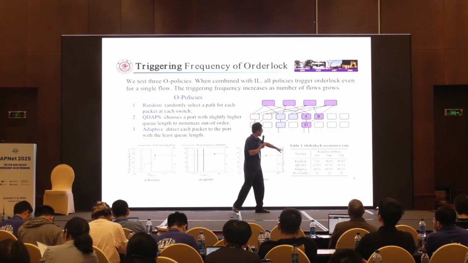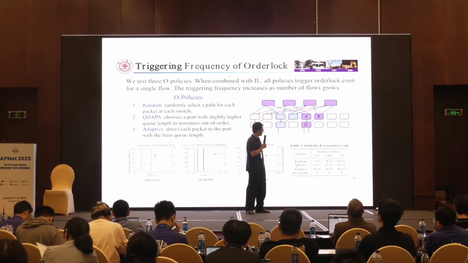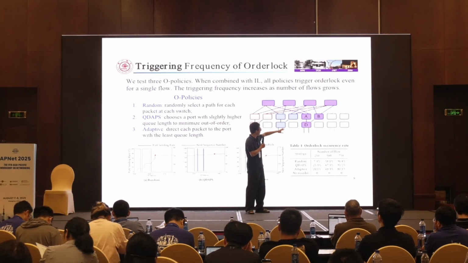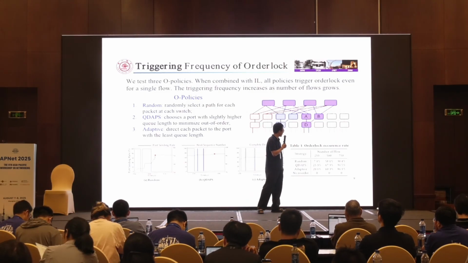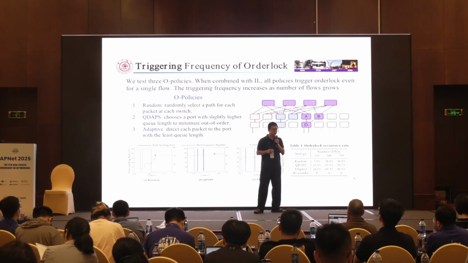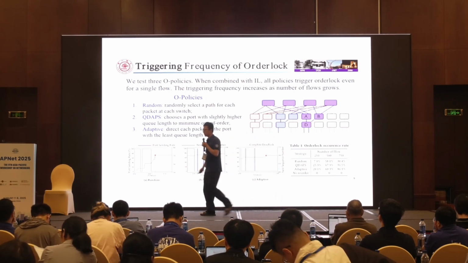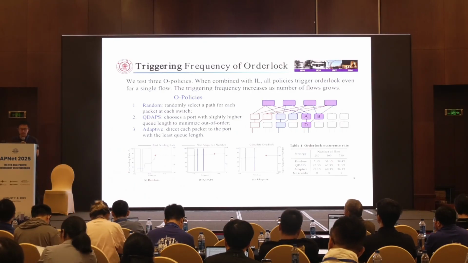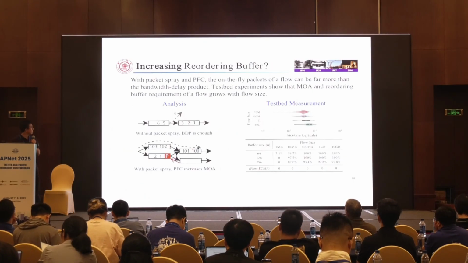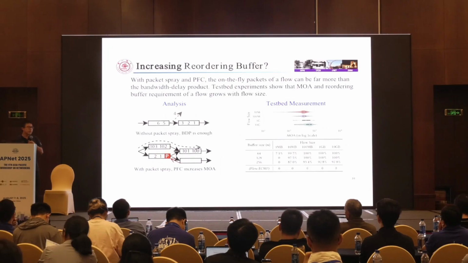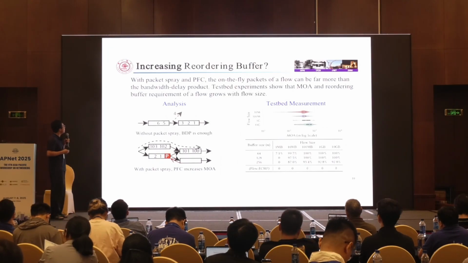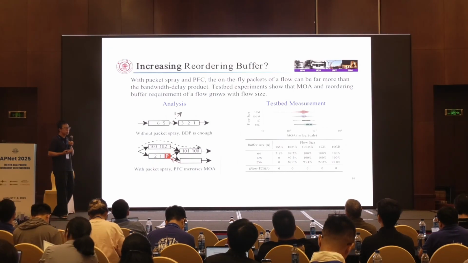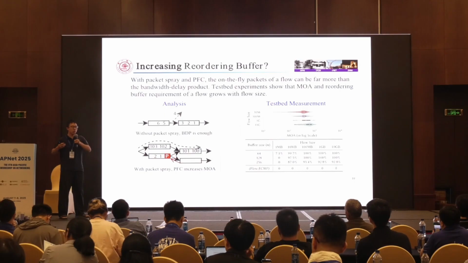We also try sending many flows in this network. These numbers characterize the possibility of encountering order lock. So order lock actually happens pretty frequently. Then we think about whether we can increase the reordering buffer to avoid this.